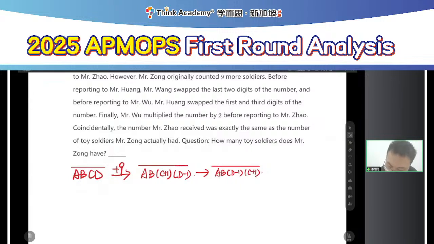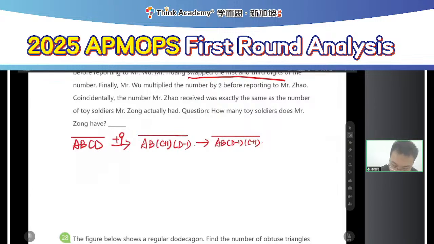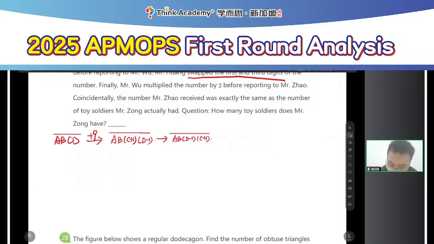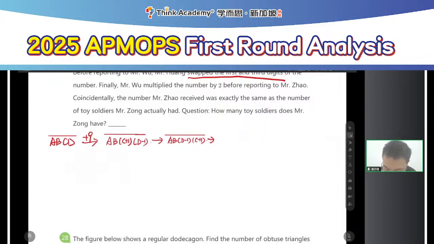And the third guy, swap the first and third digit, so it's D minus 1, B, A, C plus 1.